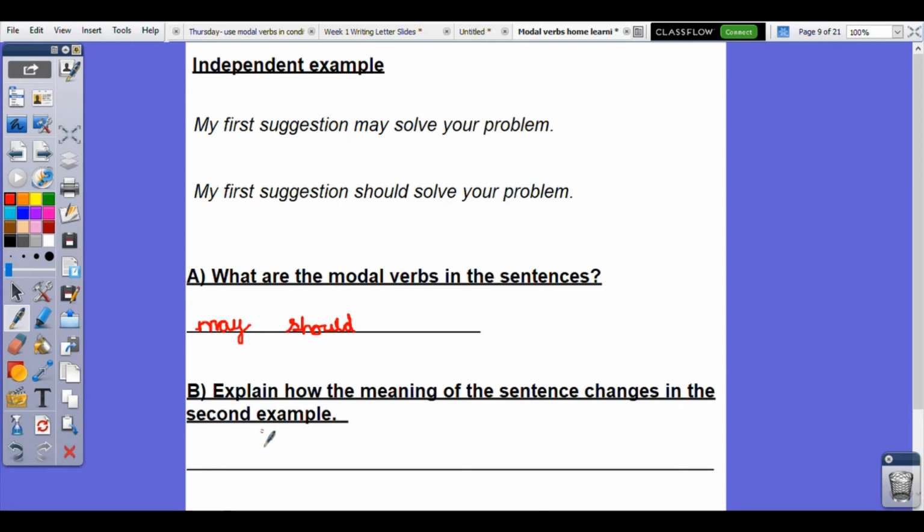So explain how the meaning changes to it is more certain that the solution will work. Please bear with me with my handwriting. As I said, I'm still using that new tablet. I think it is clear enough. Hopefully you can see it. It's more certain that the solution will work.